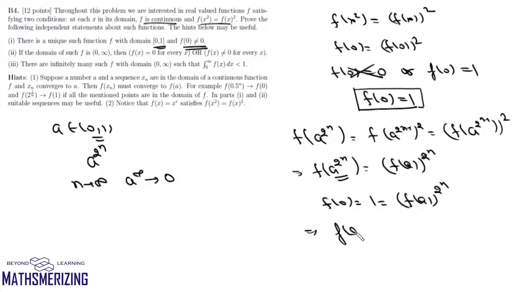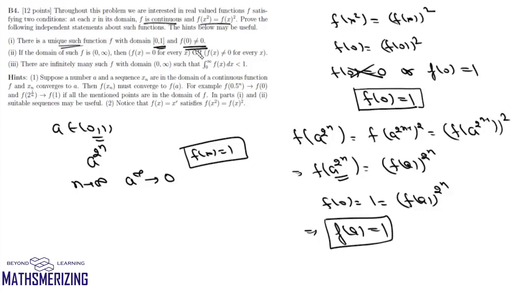Now from here we can clearly say that the value of f(a) must be 1. So for any number a lying between 0 and 1, the value of f(a) will always be 1, which clearly indicates that this given function f(x) is a constant function and its value will be 1. So this function is uniquely determined if the function is continuous and if f(0) is unequal to 0, given the condition f(x²) is (f(x))².